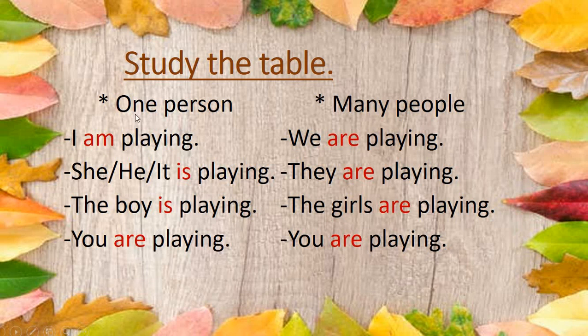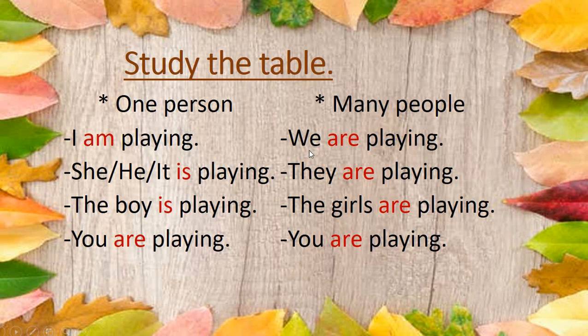Now can you see the difference? One person, many persons. Is ing, is ing, are ing. To show the action is happening now, we use is ing for one person, and for more than one person we use are ing. See, I will read once again. You have to study this table. One person, many persons.